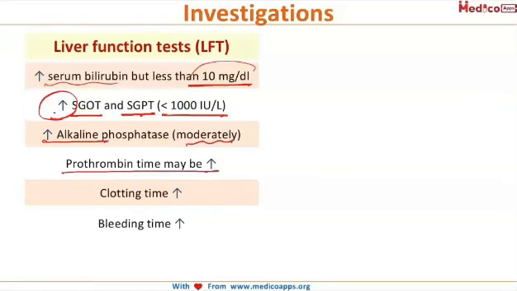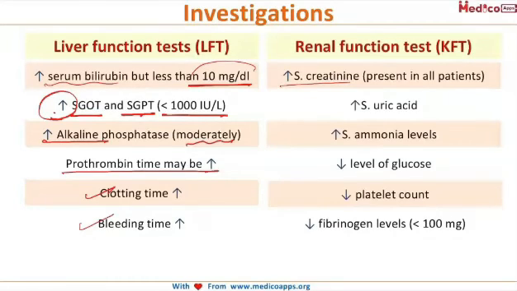prothrombin time may be increased. Clotting time and bleeding time all increase, as the synthesis of the clotting factors in the liver is affected. Now coming to the renal function test, there will be increase in serum creatinine, which is seen in almost all the patients. Uric acid levels also increase, serum ammonia levels increase, the level of glucose decreases, that is these patients usually present with hypoglycemia.